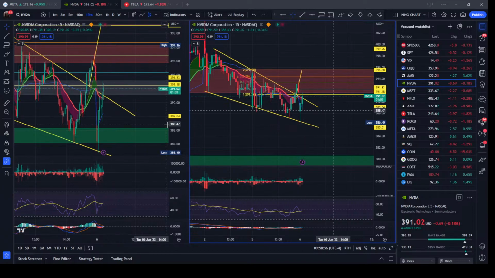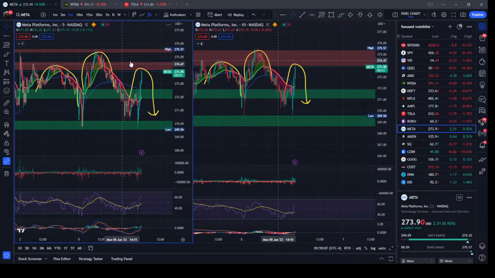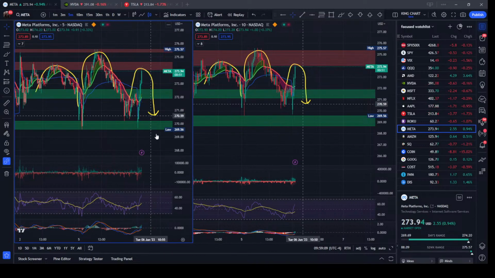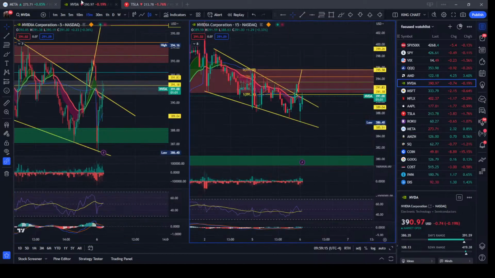NVIDIA, nice push here. One more minute to go. And Meta pushing 273.90s. This head and shoulders pattern will be invalidated if Meta breaks over 275.57, because once it breaks over the head, that's when it's over.